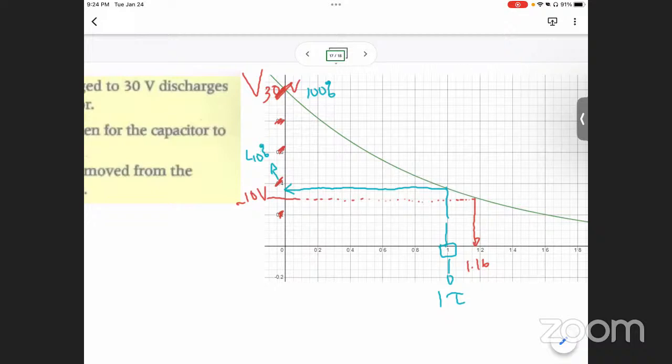That's 30 something percent. How many percent is that? 38. 37, right? Okay, 37 to 38% is 1 tau, exactly what your notes say. This doesn't make logical sense, but intuitively, that's 1 tau.